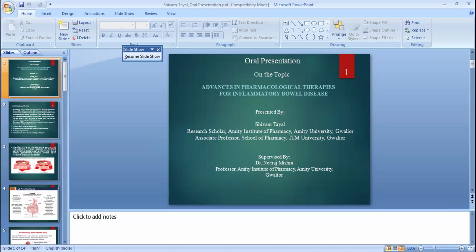The fourth factor that can increase the chances of this disease is environmental factors, especially diet, smoking, and hygiene. If we are continuously unhygienic, then this disease may happen.